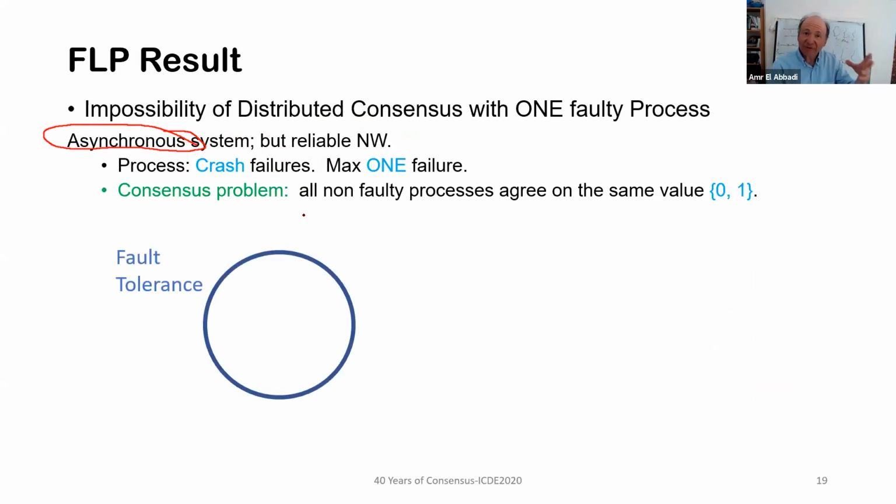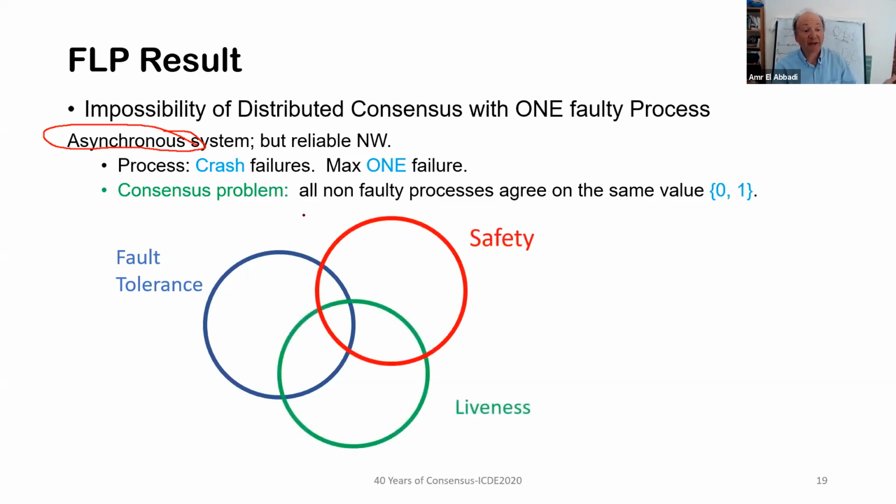One can look at this in the following way. If I desire 3 different properties, I desire fault tolerance, I desire safety, and I desire liveness. All 3 of them together are impossible. In fact, what the FLP result tells us is that to solve the consensus protocol in a crash environment and to tolerate one failure, you have to give up liveness, basically.